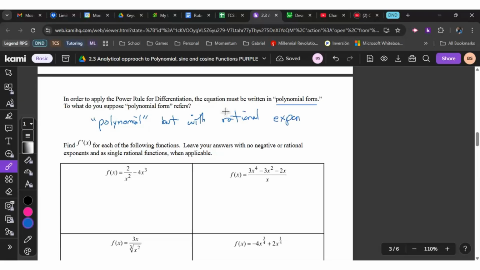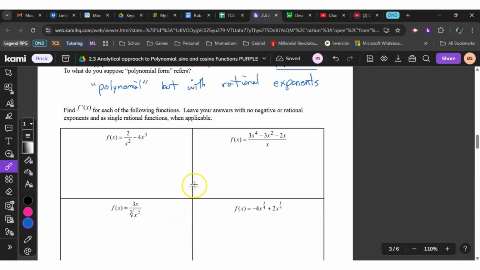Rational means fractions. It means fractions, negatives, everything. It just means that it needs to look kind of like a polynomial. But the exponent can be whatever we want. Because officially a polynomial has to have exponents like 0, 1, 2, 3, 4, 5, etc. Okay? Awesome. I'll give you another second to write that down.